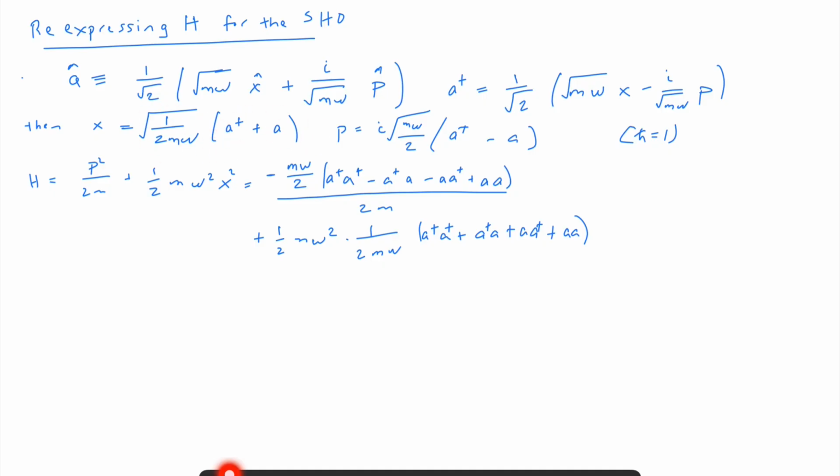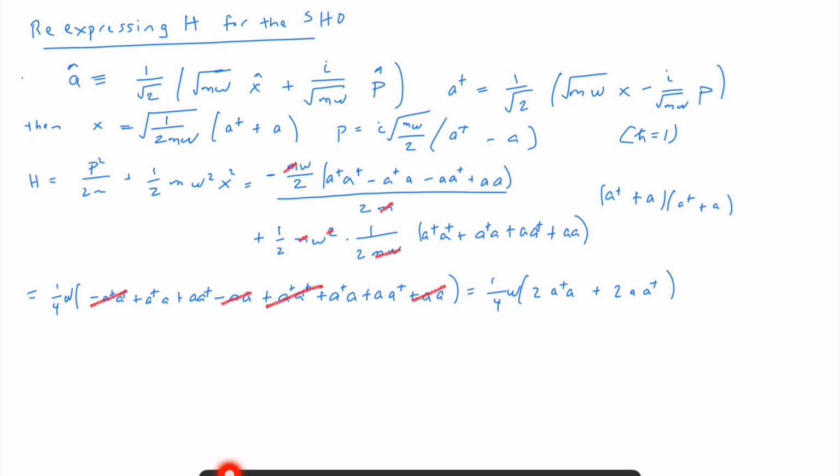That's how I got the x squared part over here, and then the p squared part I take from over here, and I just use FOIL to get this expansion and this expansion over here. You can just do the algebra there. Certain factors cancel here, the m's. Then this expression for H simplifies as follows.